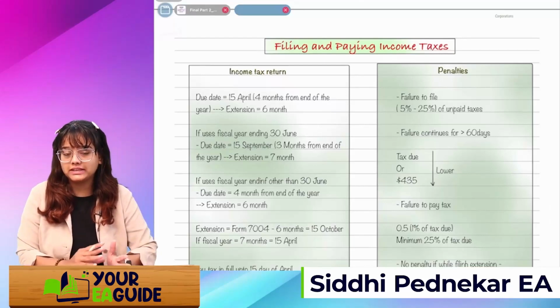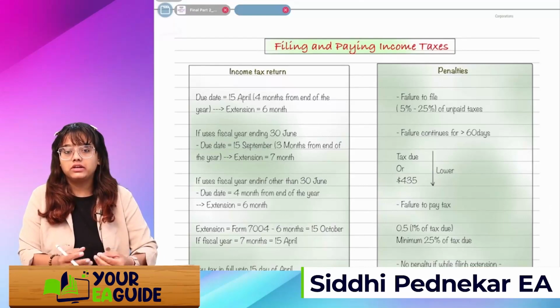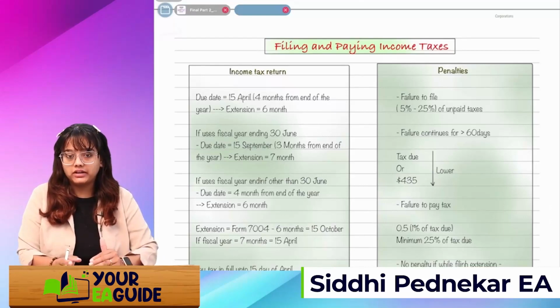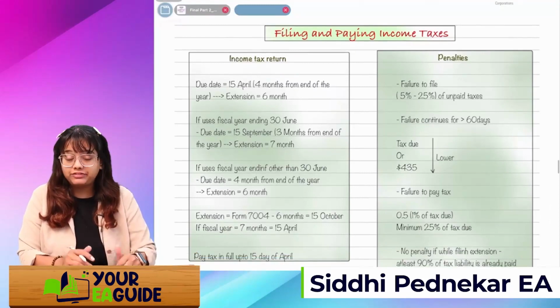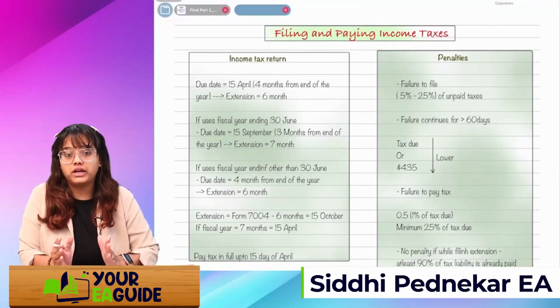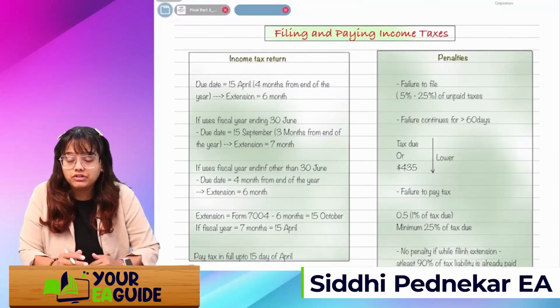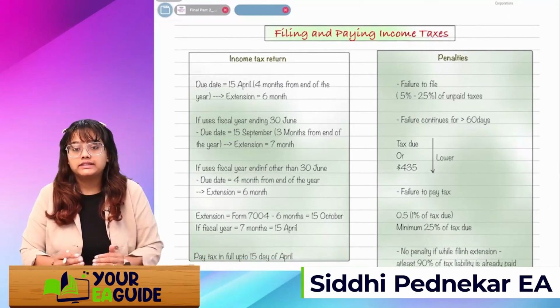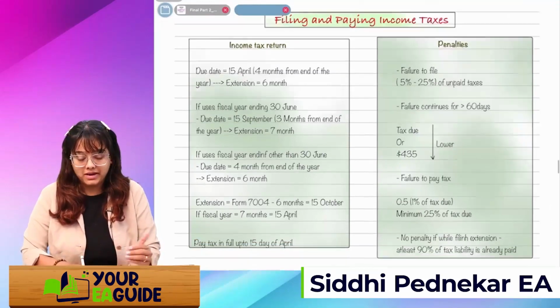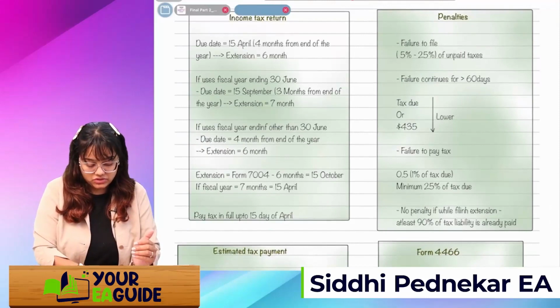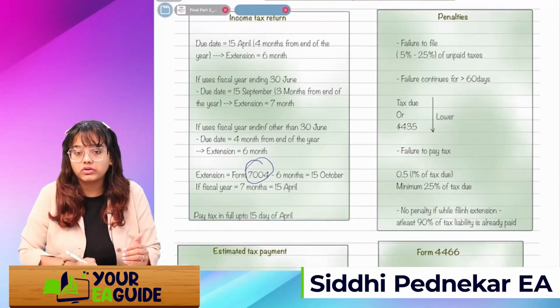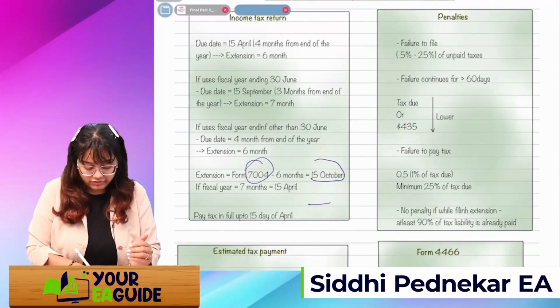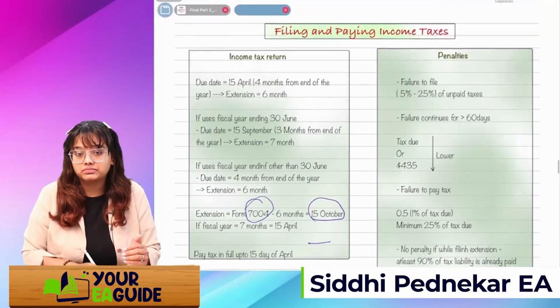Whatever the year end is, they can use any fiscal year apart from the calendar year. So it is 15th of April, the 4th month from the end of the year. And if they want to extend it, they get an extension of 6 more months by filing Form 7004, and that will be 15th of October.